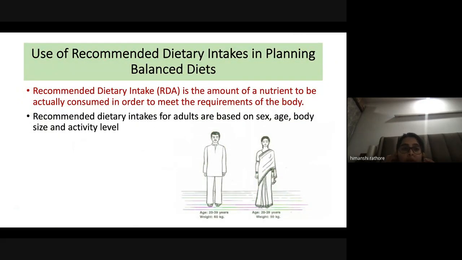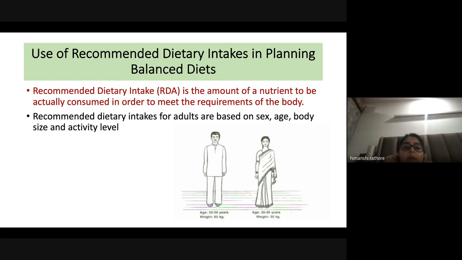Now moving forward to the use of recommended dietary intake in planning a balanced diet. I have talked yesterday also that these nutrients have to meet your RDA, your recommended dietary allowances. What is that? Why am I talking about RDAs? Why are they important? So here is a simple definition I have quoted, that recommended dietary intake is the amount of nutrients which are required by the body to perform its activity. The actual definition you can take from the study material and from the slides also.